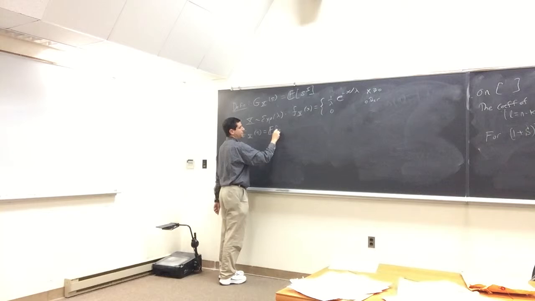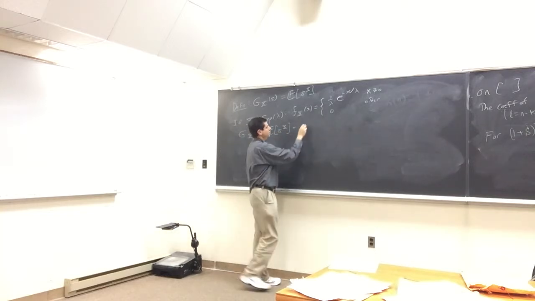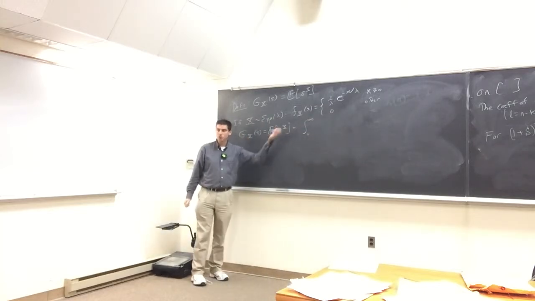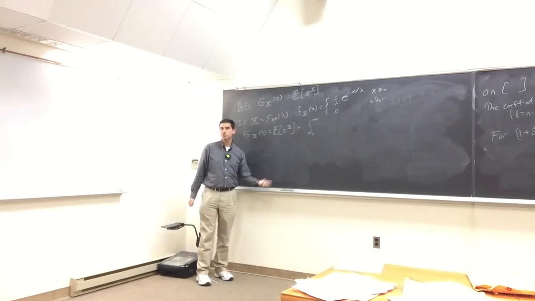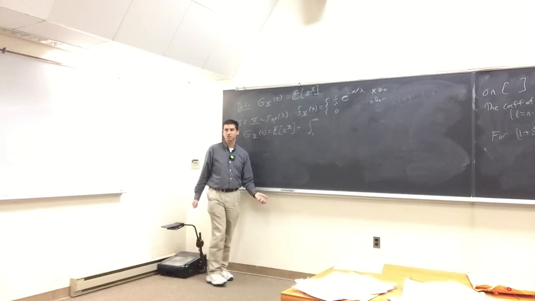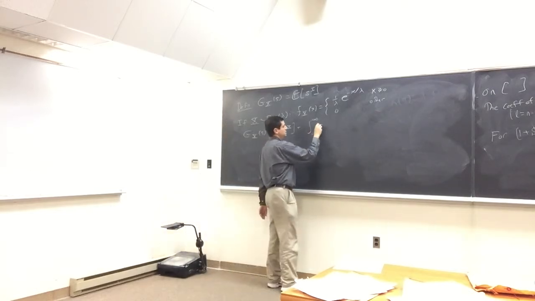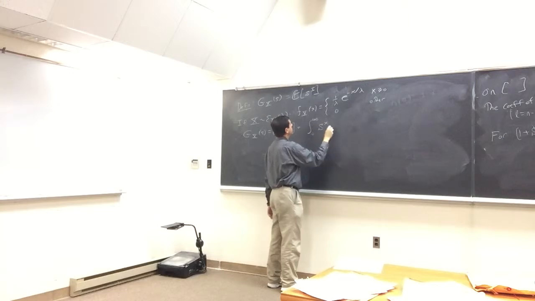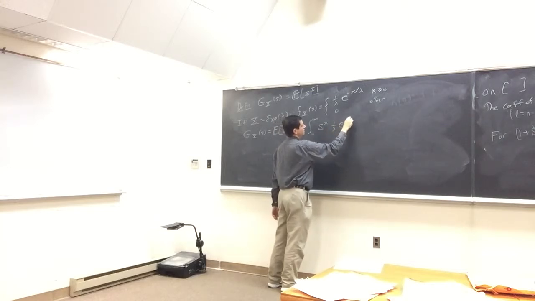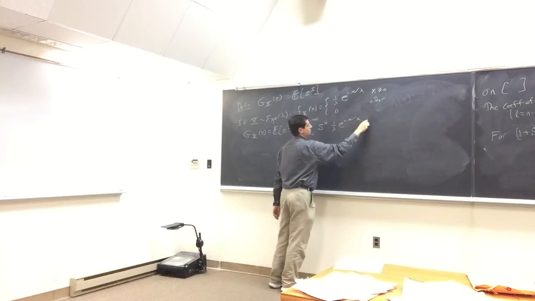Expected value of s to the x. All right, so this is now going to be the integral from 0 to infinity, because my random variable has no probability before 0, so I might as well just start the integration at 0. And then I'll have s to the x, 1 over lambda, e to the negative x over lambda dx.